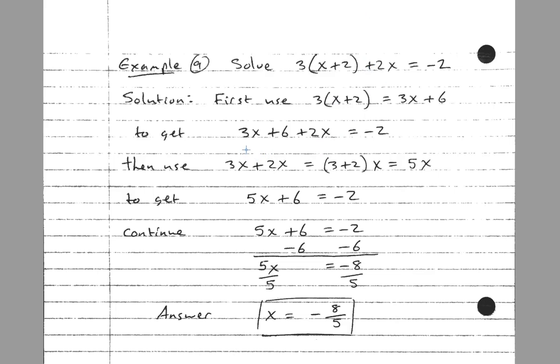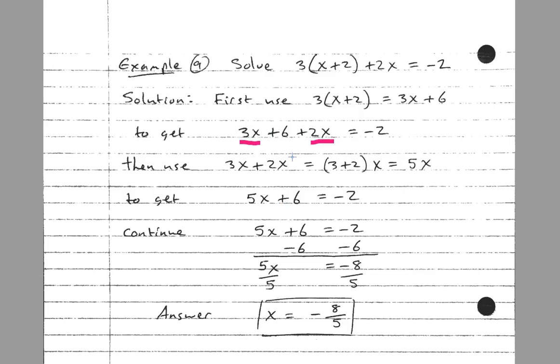Now the next step here, we have these two linear terms, 3x plus 2x. And so we can combine those into 5x. So we're simplifying this left side. 3x plus 2x is 5x.